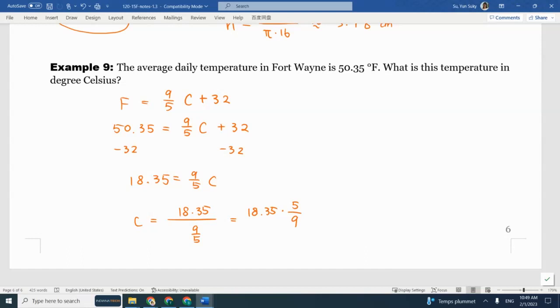Otherwise you're instantly wrong. So use 18.35 divided by 9, then multiply by 5. What do you get? Thank you. Yes. So this is Celsius.